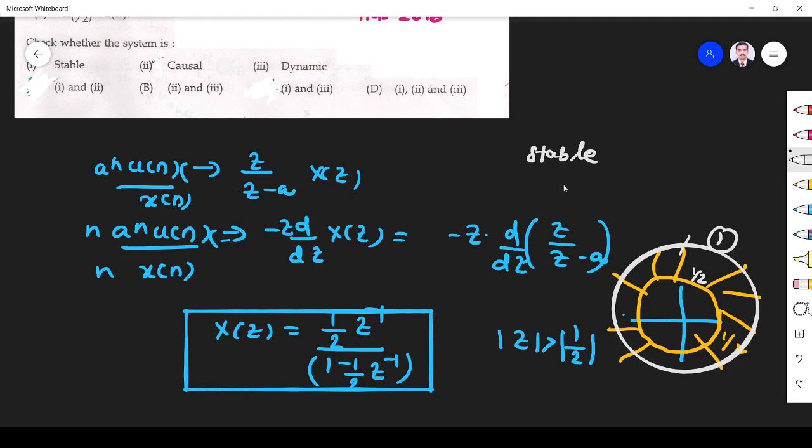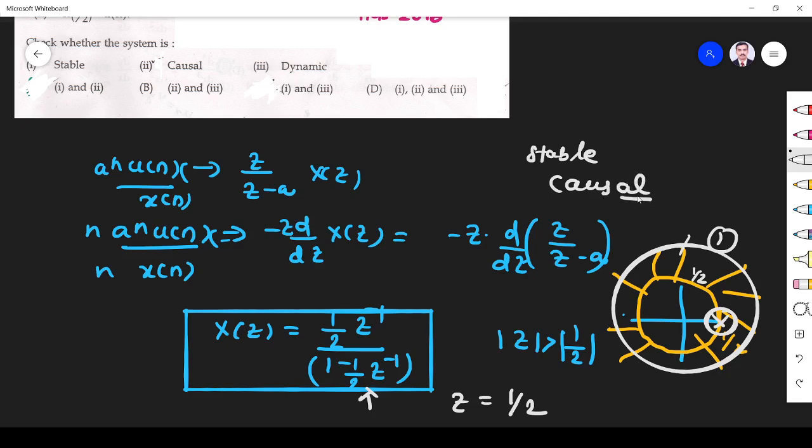What about causal? For causality, the ROC should be outside the outermost pole. Here we have only one pole, at z is equal to 1 by 2. The ROC is greater than 1 by 2, so the ROC is outside the outermost pole. So it is causal also.